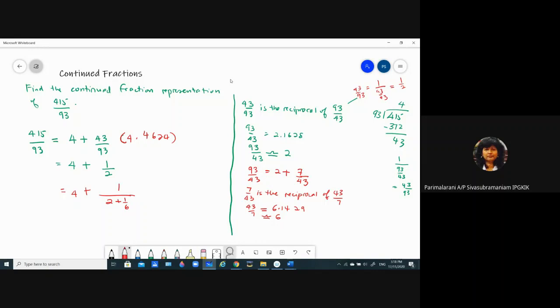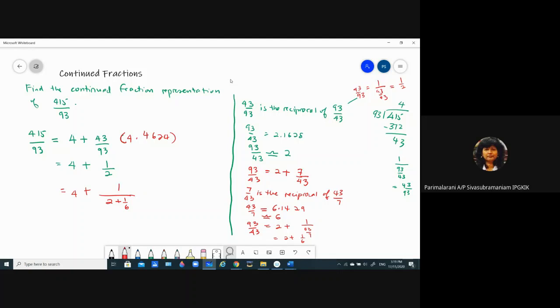Do you understand or not? A little bit complicated, yes. Because 93 over 43 is 2 plus 1 over 43 over 7, correct? So this is 2 plus 1 over 6, as this is almost equal to 6.